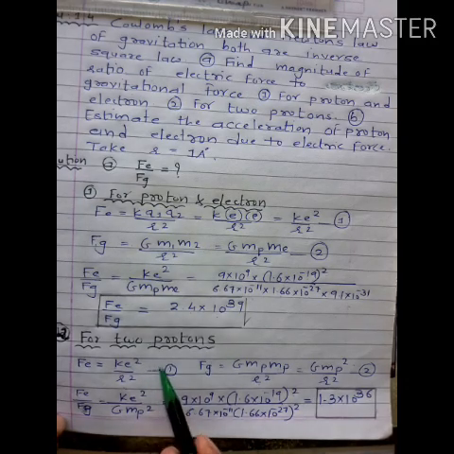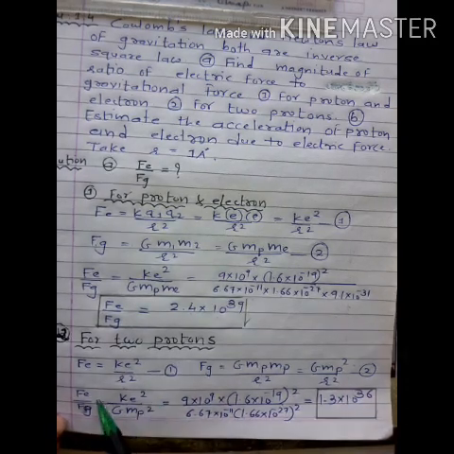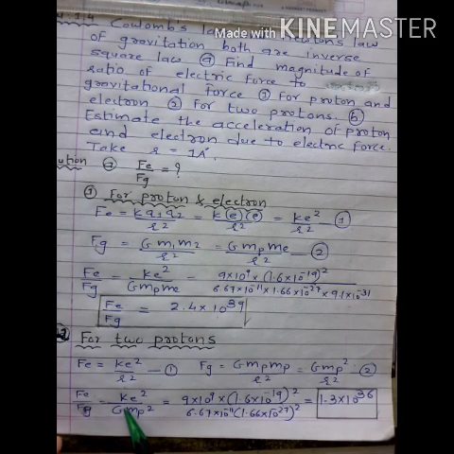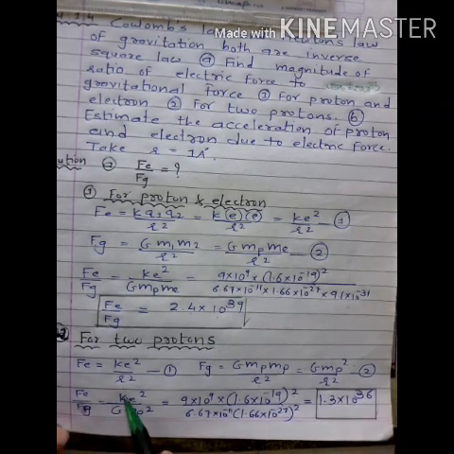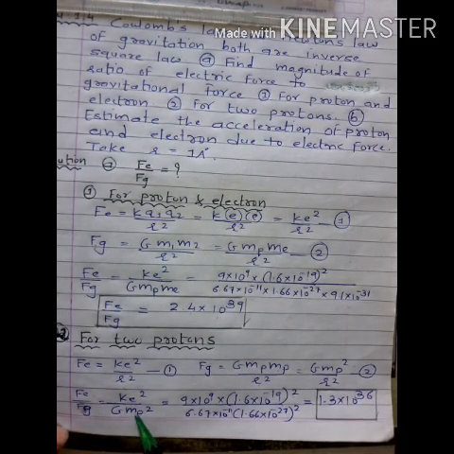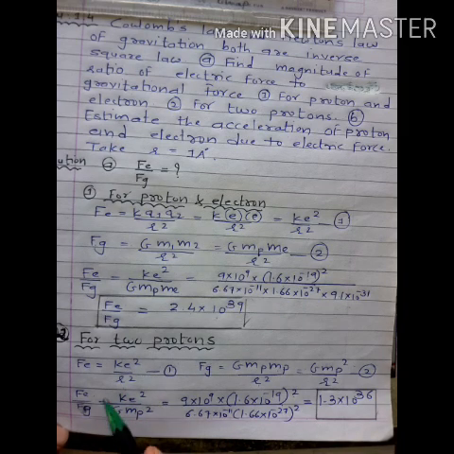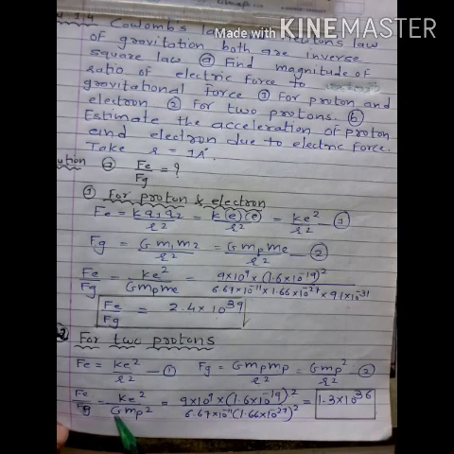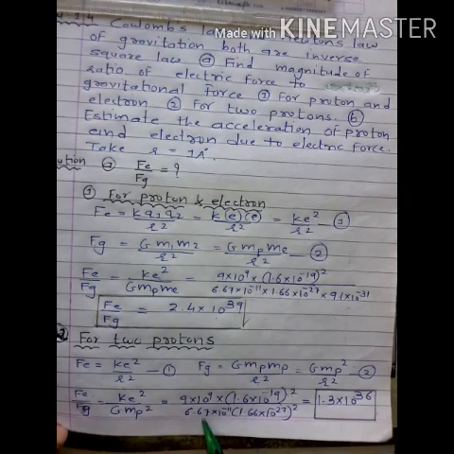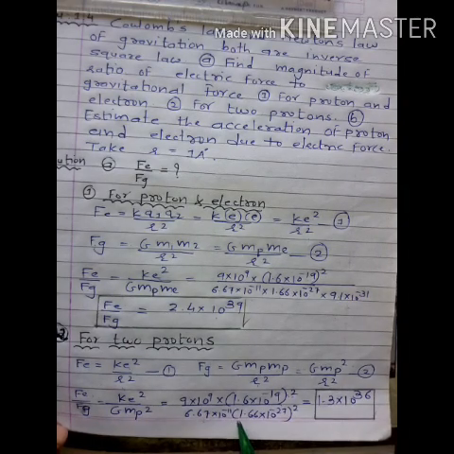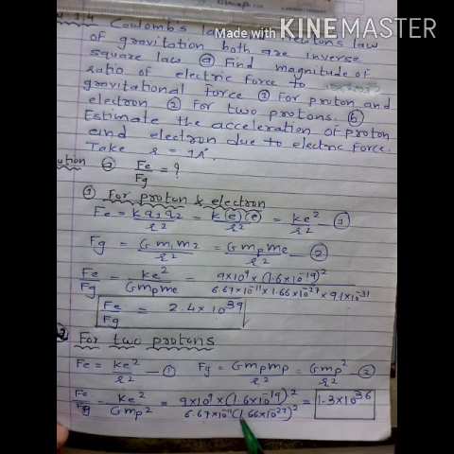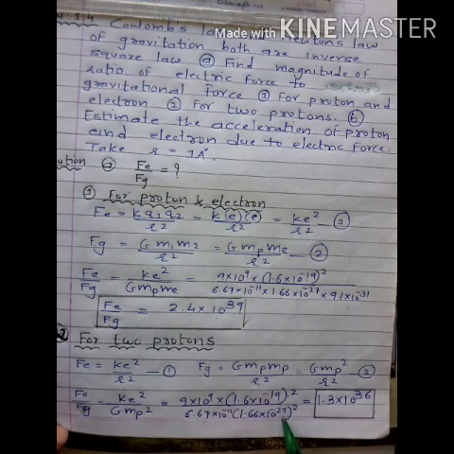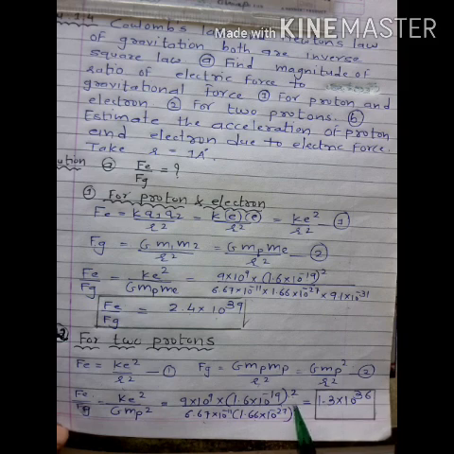Here we divide equation number 1 by 2. So Fe upon Fg is equal to K e square upon G mp square. Now substitute all constants. K, the Coulomb constant, is 9 into 10 raised to 9. e is 1.6 into 10 raised to minus 19 whole square, divided by G, 6.67 into 10 raised to minus 11, into mp square, 1.66, the mass of the proton, into 10 raised to minus 27 whole square.